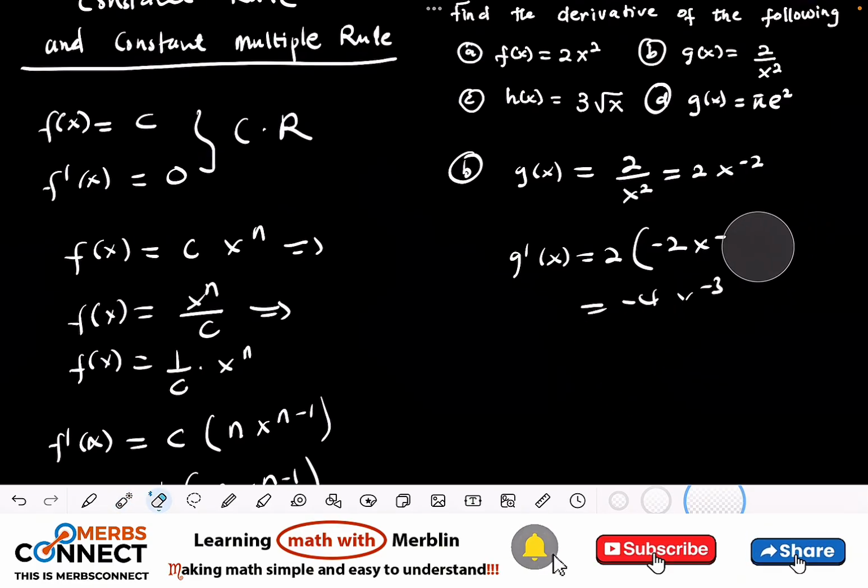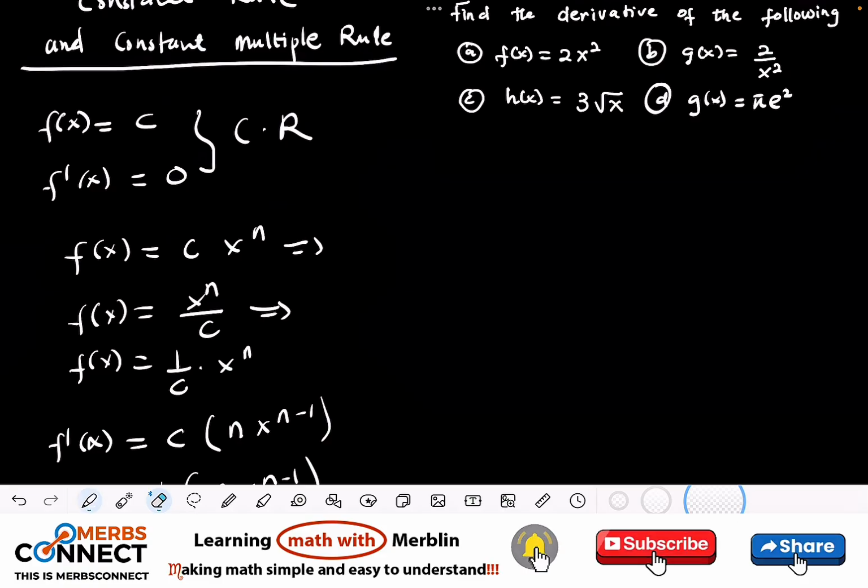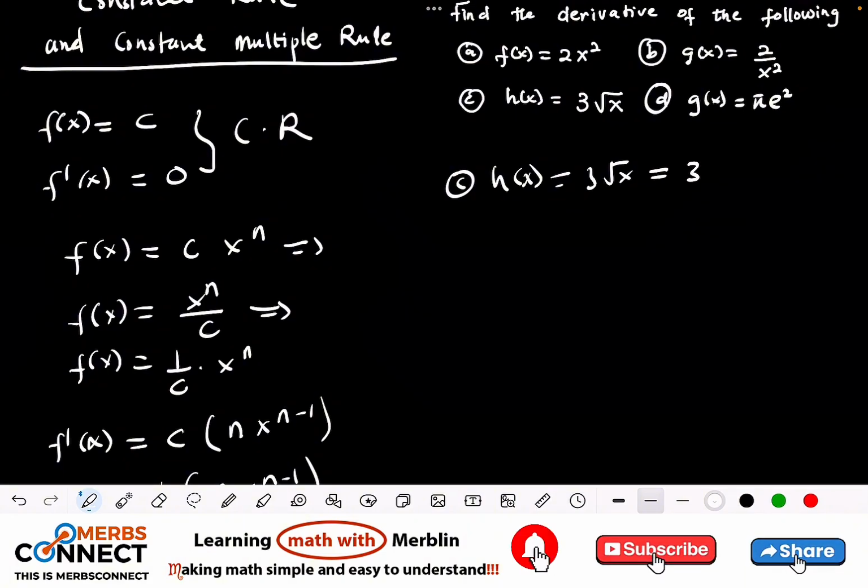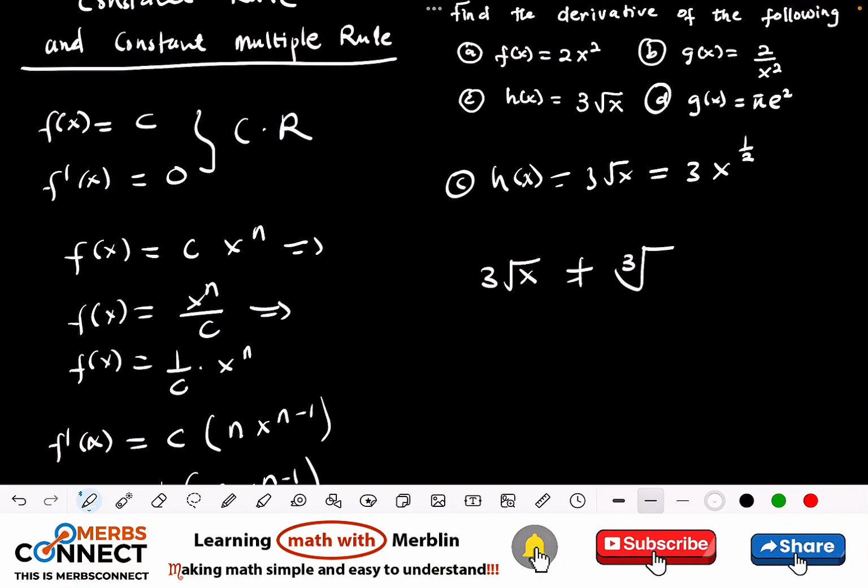Good. So let's look at C. h of x is equal to 3 root of x. We just learned that this can be written as 3 x to the power 1 over 2. Please note the difference if you have a constant multiplying the root. This is not the same as this.